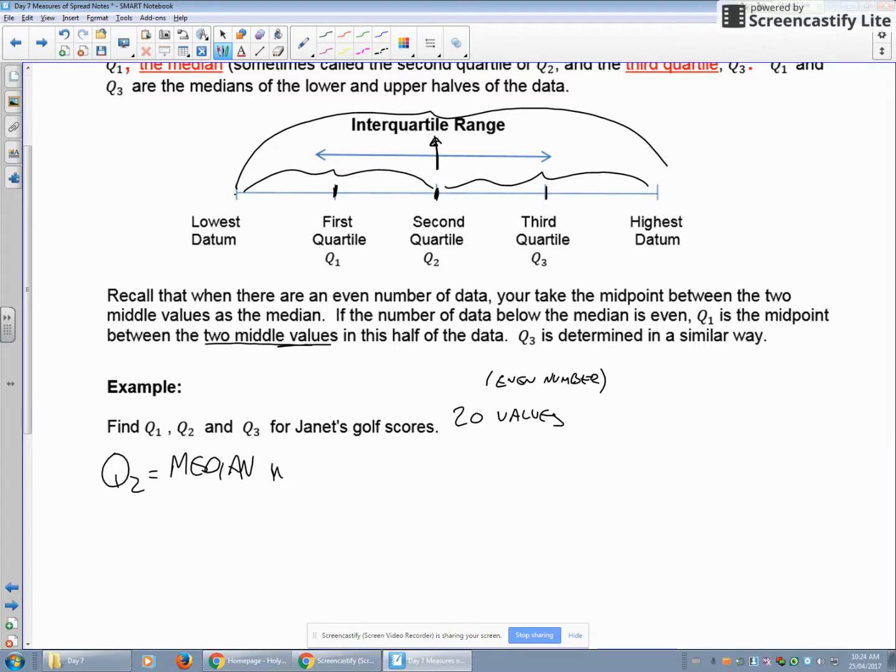So the median value will be between... if I take 20 divided by 2, 20 divided by 2 is equal to 10. So it's going to be between the 10th and 11th scores. So I need to go find what the 10th score was.